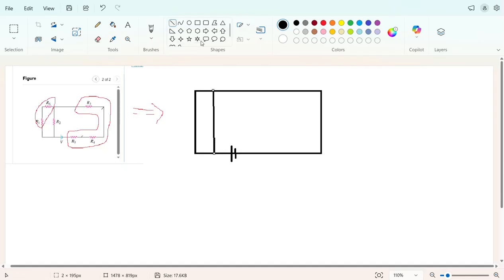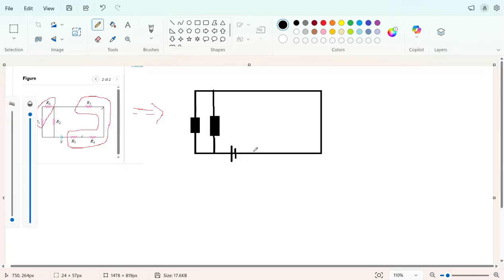I'm just going to use little boxes for these equivalent resistances. Whoa. Let's go ahead and do that. All right. So let's go ahead and draw this.